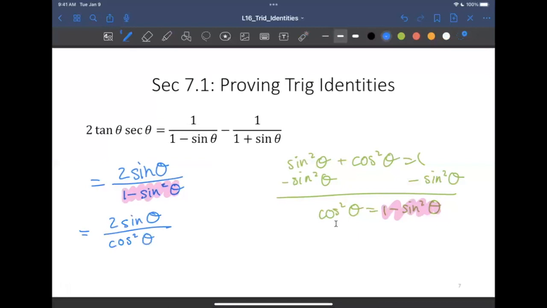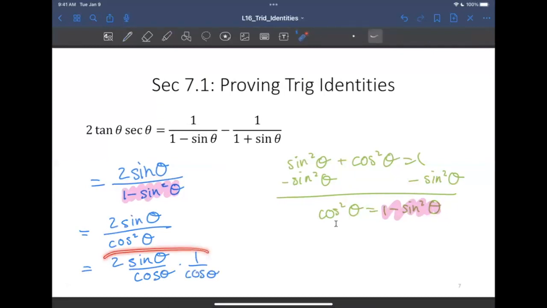We're not quite there yet, but I can expand out the bottom. So this is really 2 times sine theta over cosine theta times 1 over cosine theta, right? If I multiply across, I get back 2 sine theta over cosine squared theta.